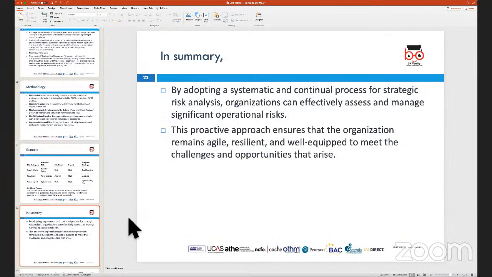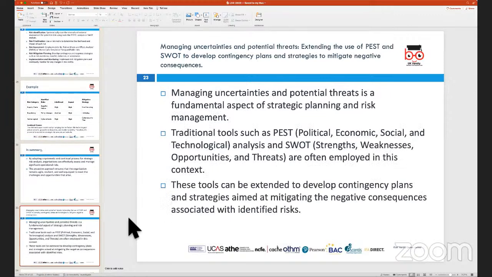And by adopting this as a continuous process for doing risk analysis, the organization can effectively assess and manage any significant operational risks, which could be long-term for its sustainability or its presence in the market. And that is where this process becomes quite important.